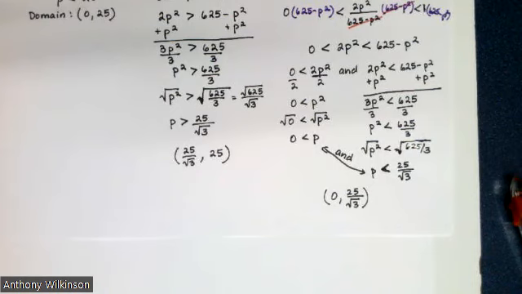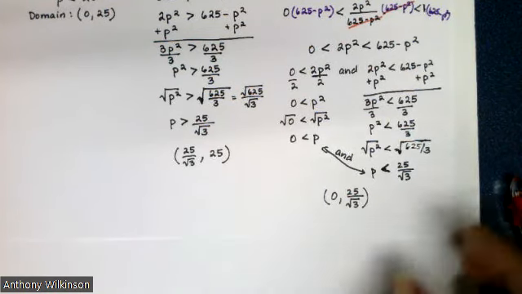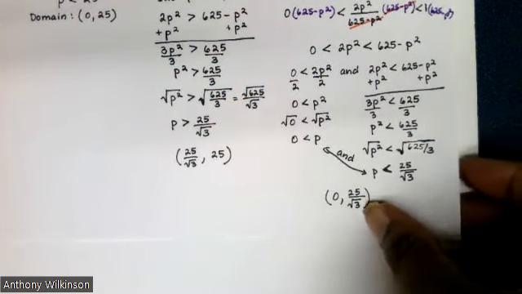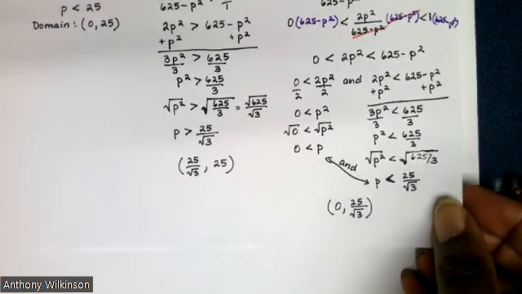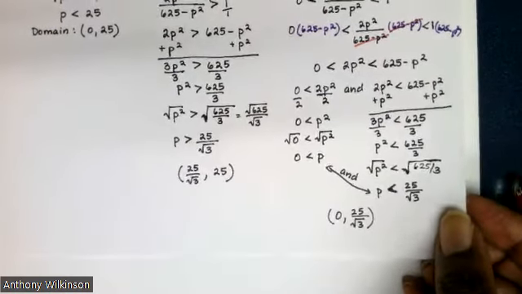That is the interval where the demand would be inelastic. That's going to represent the values for which your demand is inelastic, and that's assuming that your price and your demand are both positive.